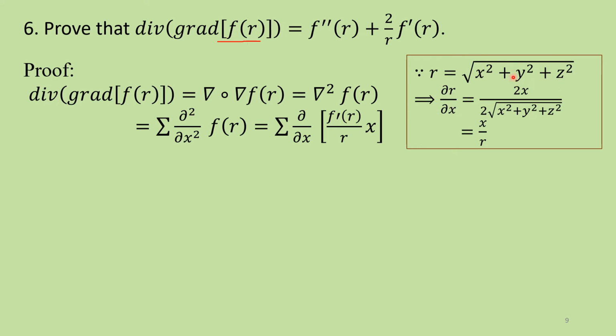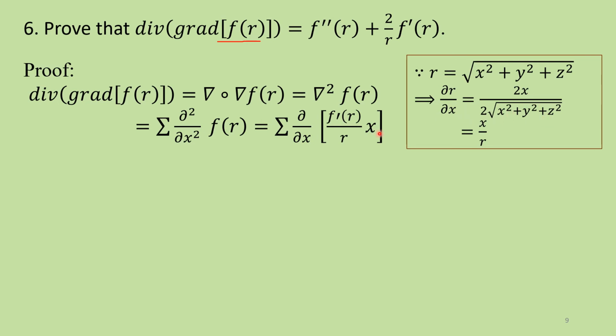That gives 1 by 2 root of x square plus y square plus z square into the inner term derivative with respect to x, which is 2x. So 2 gets cancelled. It is x by root of x square plus y square plus z square, which is nothing but r. So ∂r/∂x is x by r.